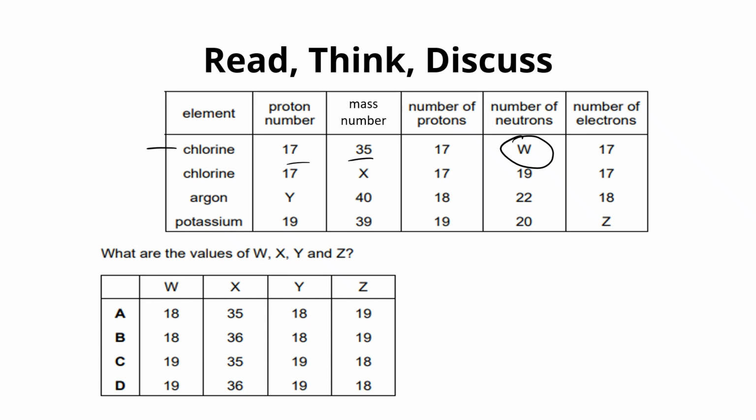Remember that the number of protons plus the number of neutrons gives us the mass number, so it would be 18. For chlorine X, the mass number is X, so 17 plus 19 neutrons is going to be 36. The answer should be B.